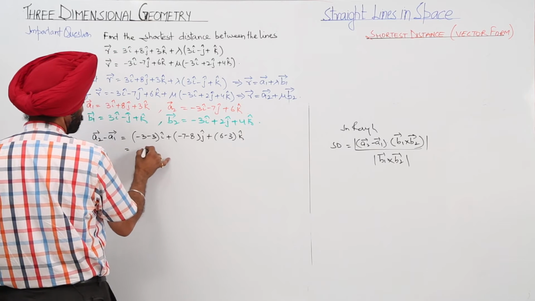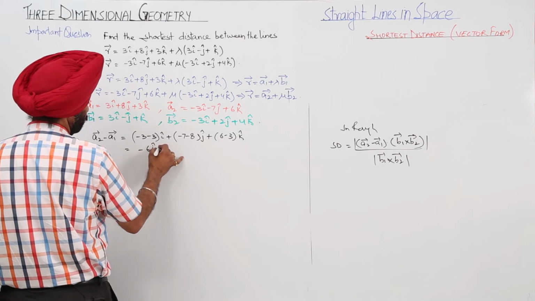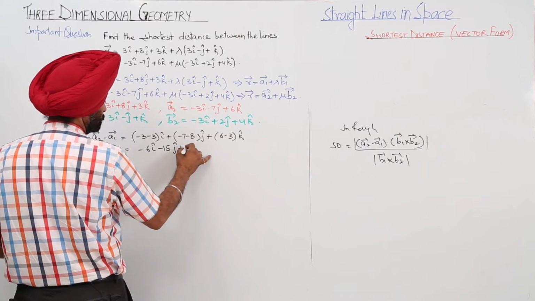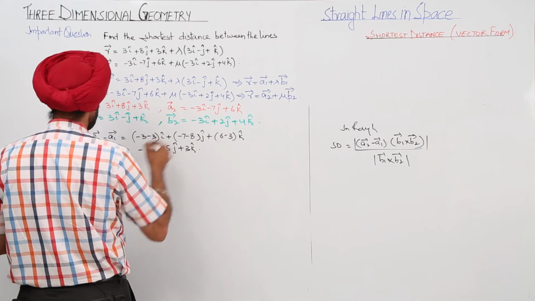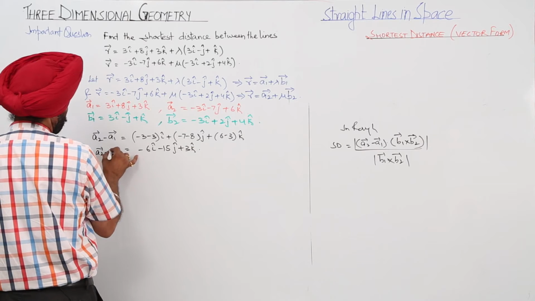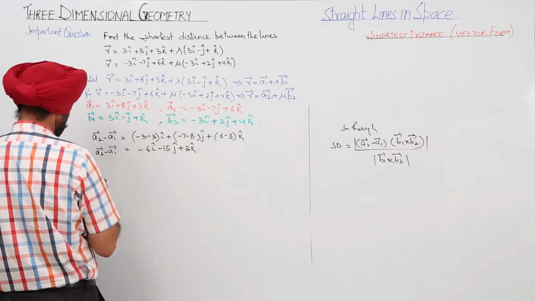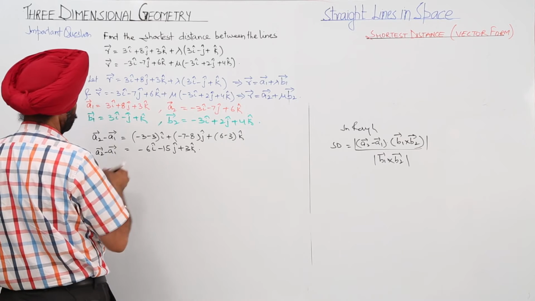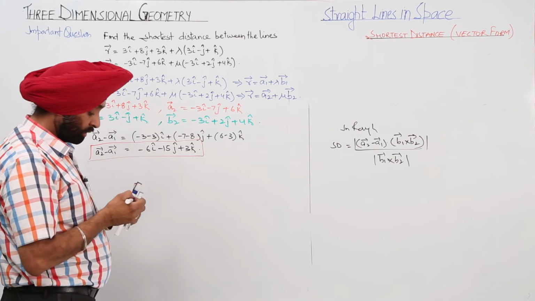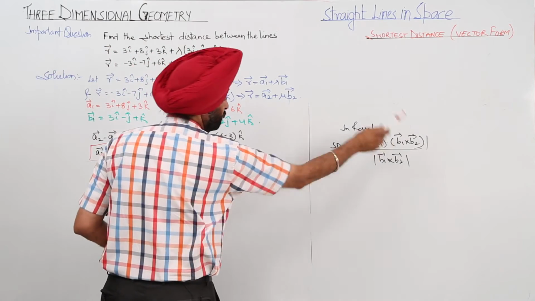So this is equal to negative of 6 i cap, negative of 15 j cap plus 3 k cap. So one thing we got, vector a2 minus vector a1.